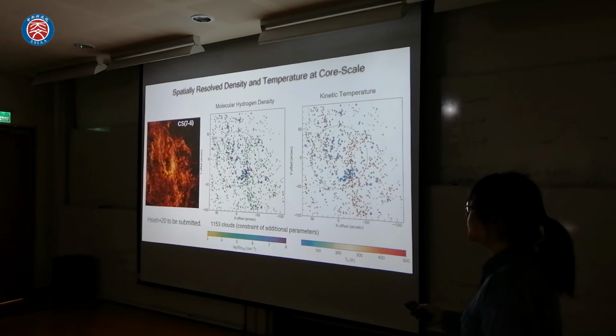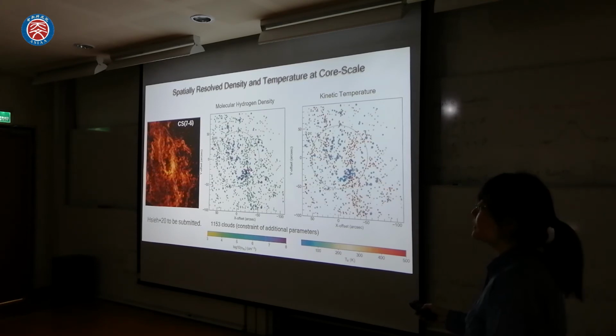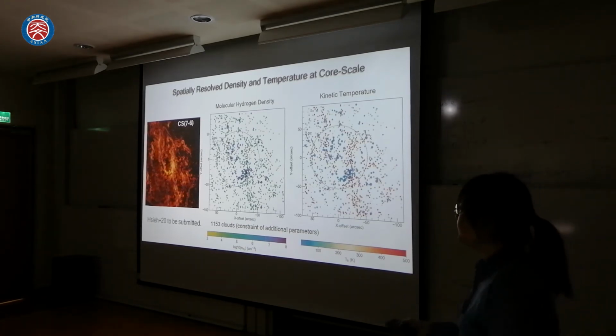So we have a 2-dimensional distribution of individual clouds in this region, and we can see the higher density clouds are sort of two-phase: higher density with low temperature, or low temperature with high densities. But there are a lot of details here, so I don't have time to mention them today. You will see the higher density clouds are observed toward the CND and also part of the denser streamer surrounding it.